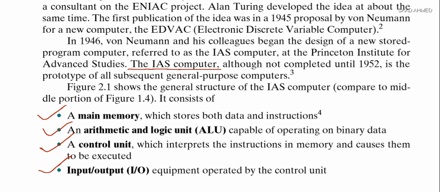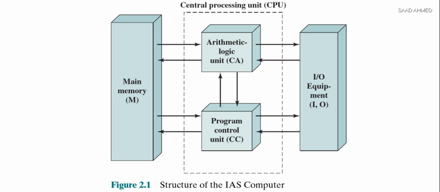These are the four basic units which we still see in our computer systems. So you can say that this machine was the basis of what we are using nowadays.